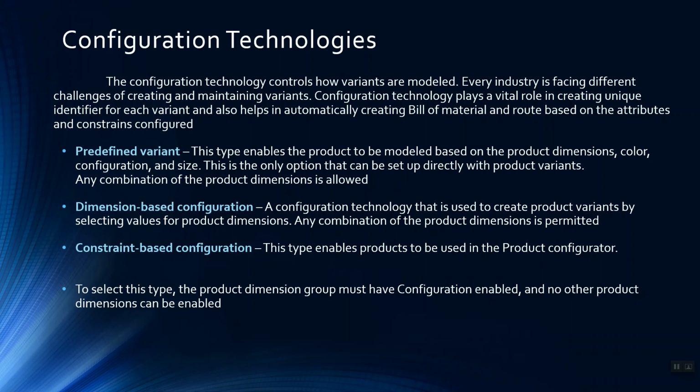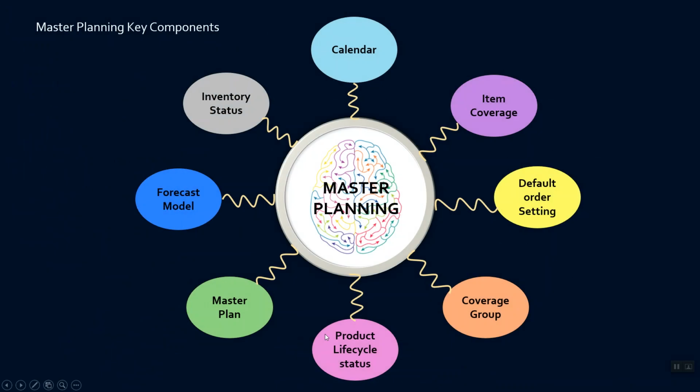Let's go to our next topic, master planning key components. As you have seen, master planning is the brain of the ERP system. Master planning defines which orders, what needs to be done, which material needs to be procured, which item needs to be produced.